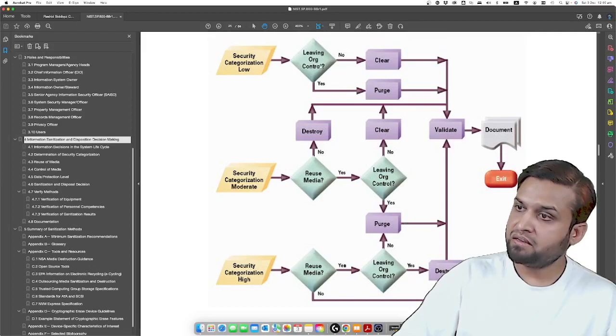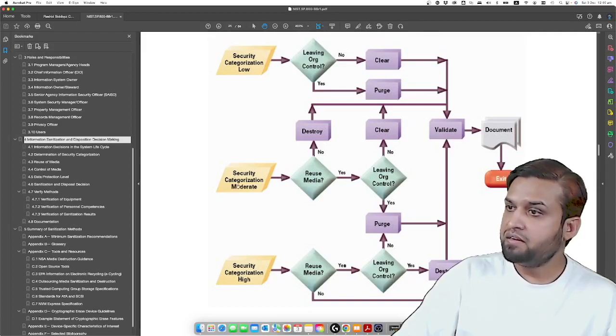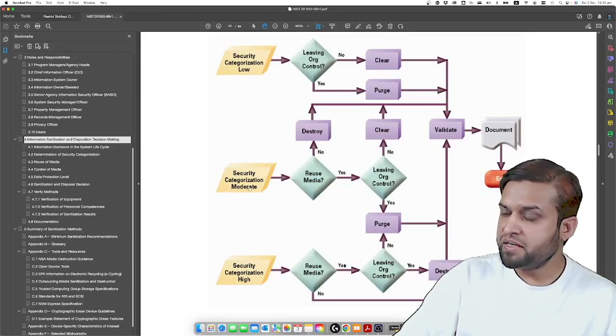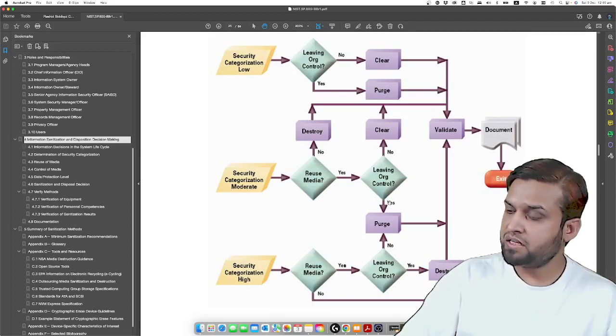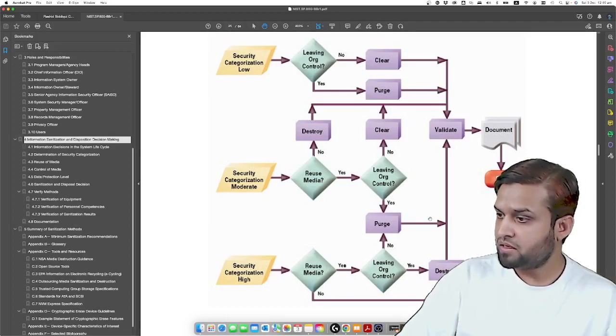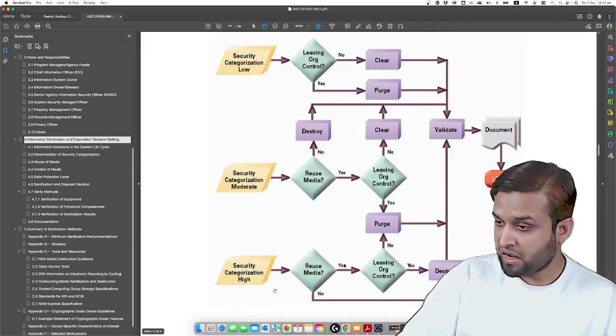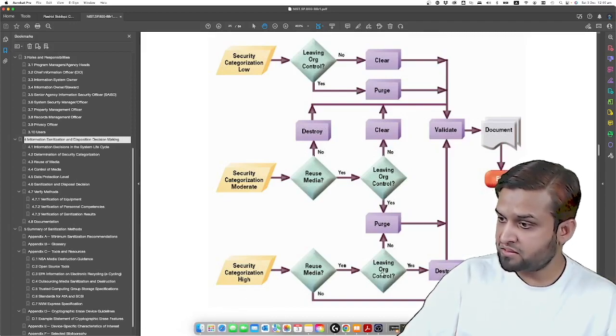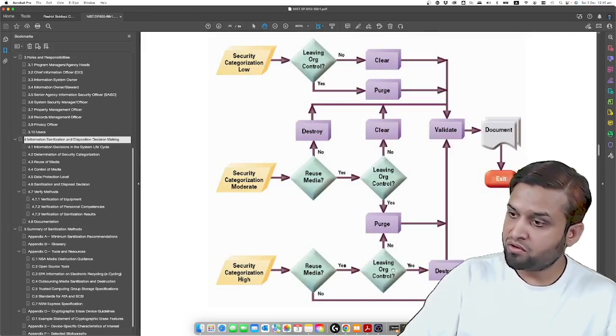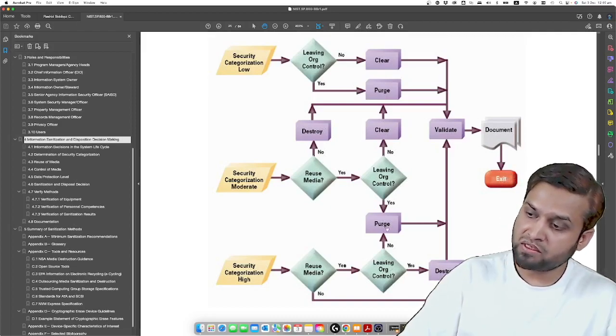So look here, in the low categorization, if it is leaving the organization, we do purging. In the case of medium, if it is leaving the organization, we are doing the purging, right? And in the high categorization also, if it is not leaving the organization, then we also use purging.